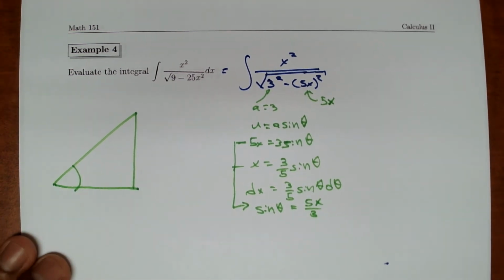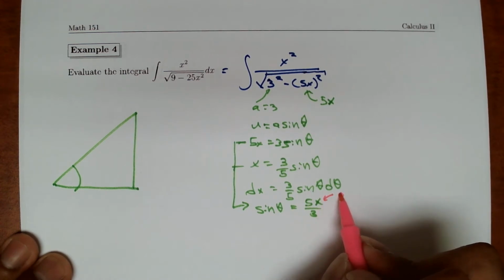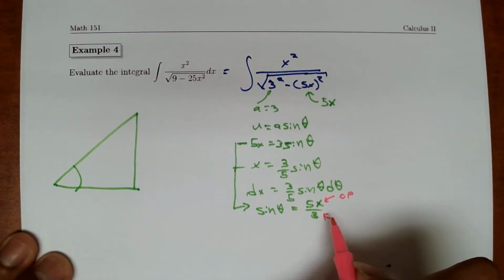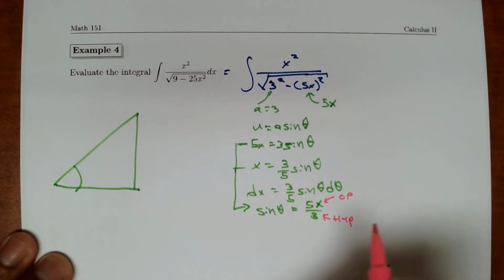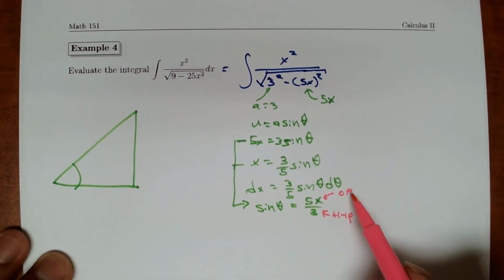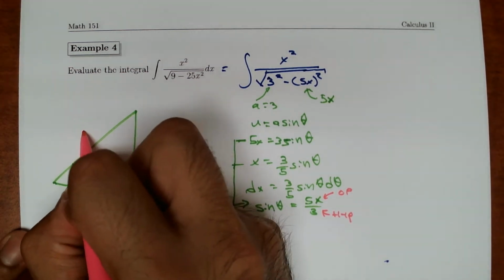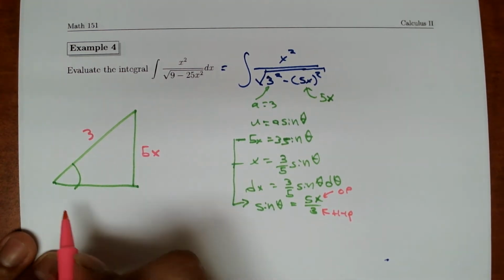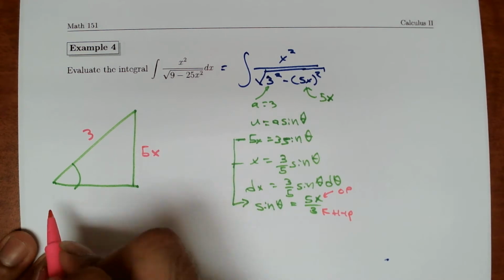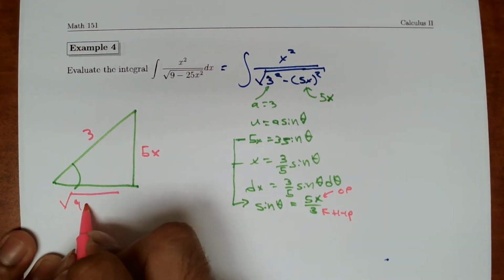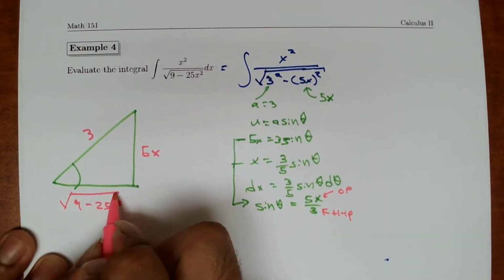Recall that this is the opposite and this is the hypotenuse, because that's the definition of sine, opposite over hypotenuse. That's 5x over 3, and the missing side is the radical expression, square root of 9 minus 25x squared.